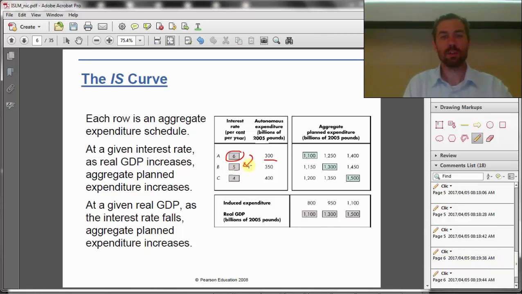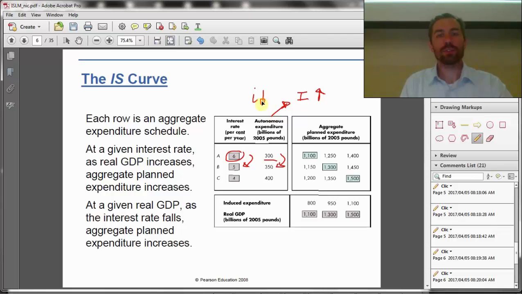goes down, our autonomous expenditure changes. For example, what is a component of autonomous expenditure? Say investment is. If interest rates go down, what is investment going to do? Goes up. So what happens to our autonomous expenditure? Goes up, right?